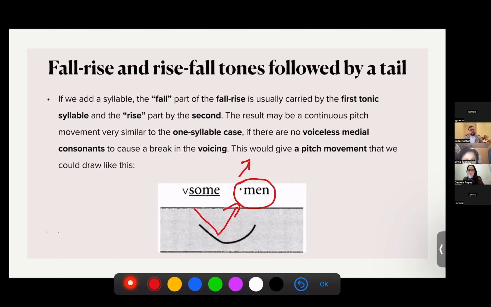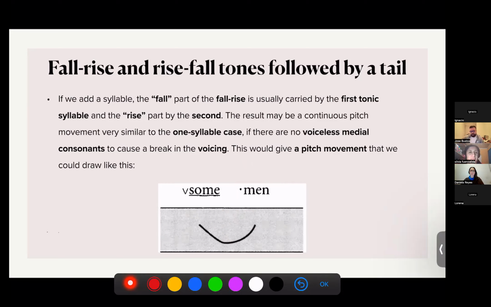It will be like, some men. I don't know if you get this part.